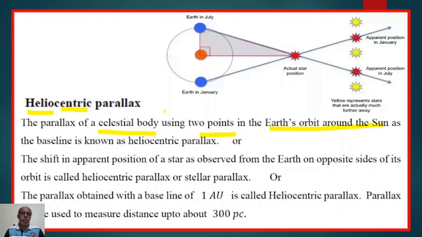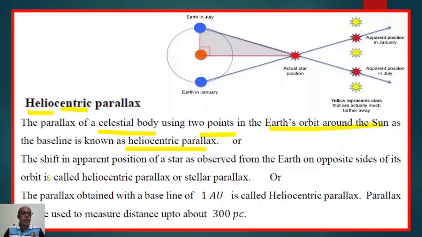We are measuring the distance of a heavenly object such as a star or planet from the Earth's surface when the Earth is revolving around the sun.